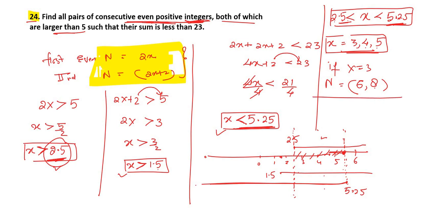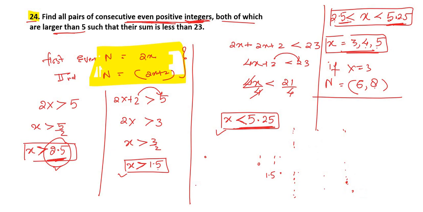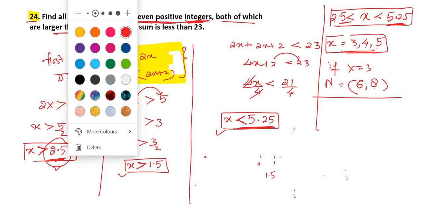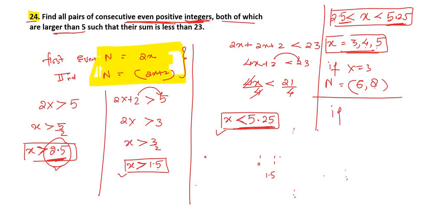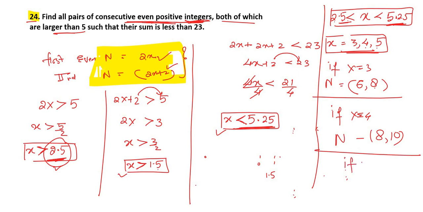Next, let me write down. If x is 4, then what will be the possible answer? If x is 4, the possible numbers will be 4 twos are 8, and 10. These two numbers.